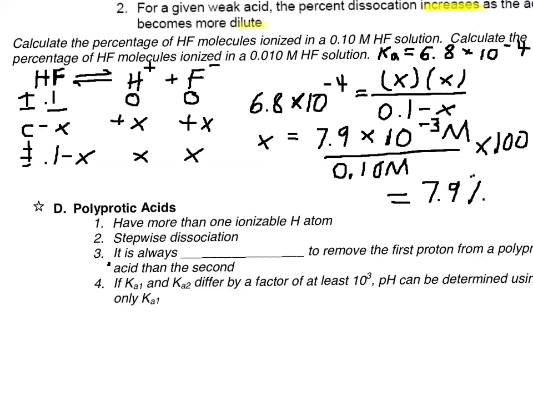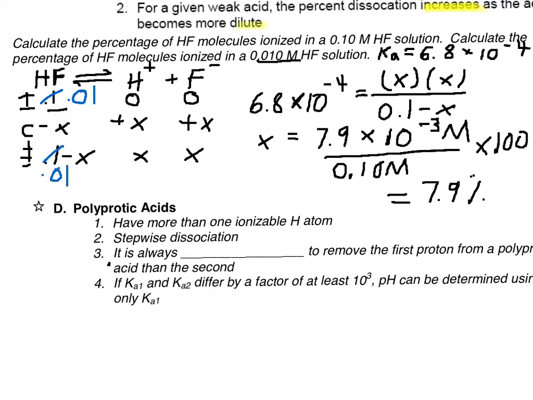Now, if I do this for the 0.01 molar solution, it's the exact same thing. Instead of the 0.1, I put in the 0.01. But everything else is pretty much staying exactly the same.